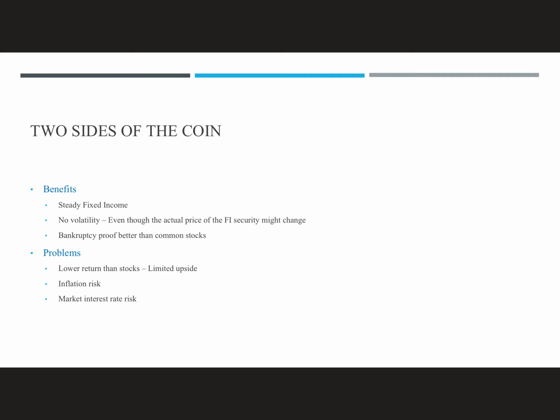Well, because of its very first characteristic, predetermined fixed payments, the benefit of a fixed income security is steady fixed income. Why? Because your payments are predetermined and fixed. Hence, there is a steady fixed income coming from these instruments.